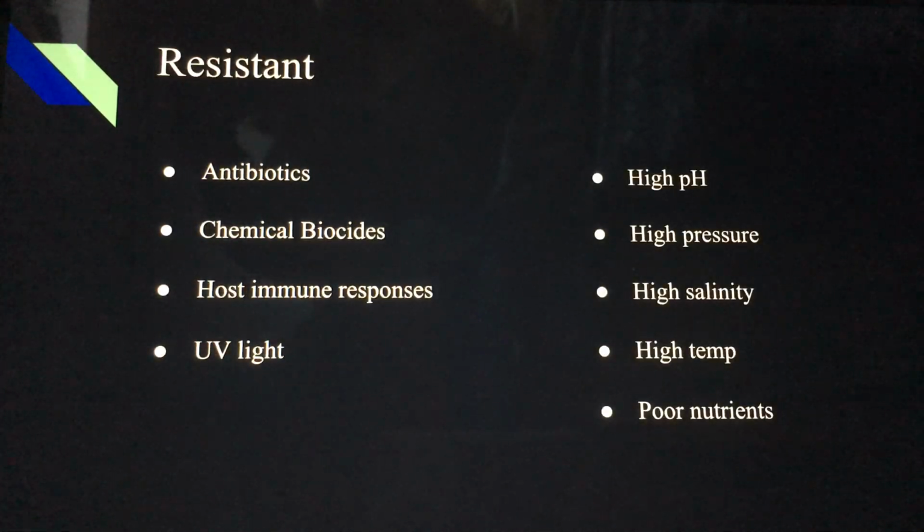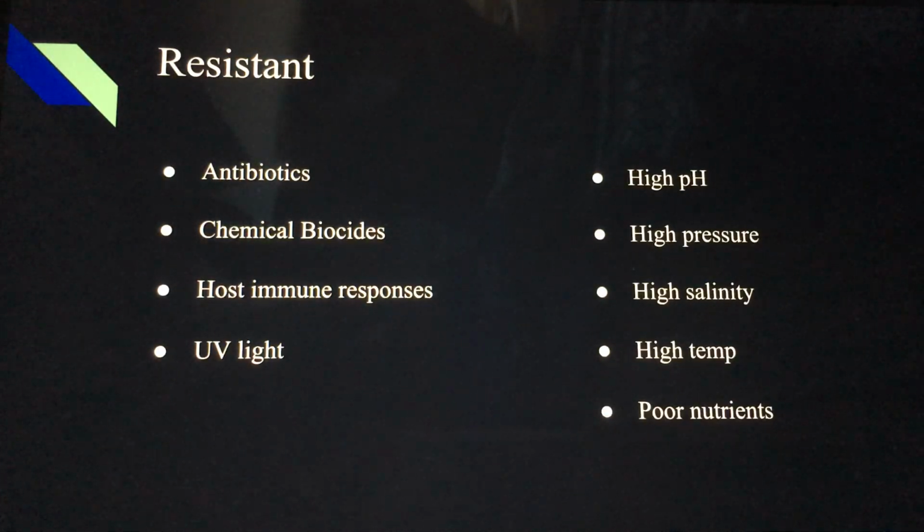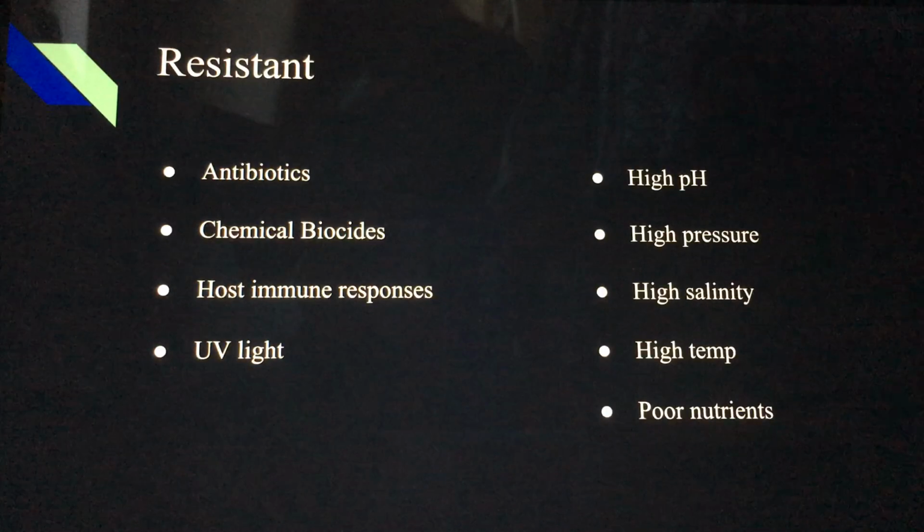They are also very resistant. Biofilms create an extremely resistant environment, and it's fascinating how adaptable and protected they are. Bacteria that live in these biofilms are at an advantage. The matrix protects the microorganisms from harsh conditions such as antibiotics, chemical biocides, host immune responses, and UV light.